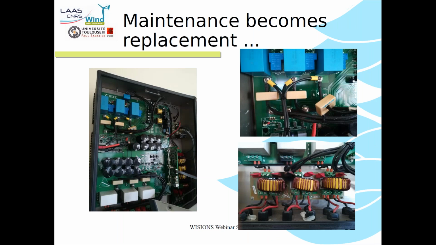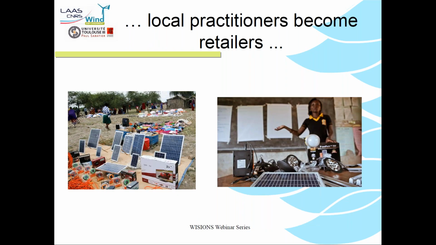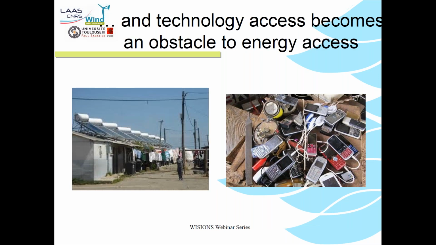You can no longer maintain things like we said just before. Here you have a few photos of a blown-up inverter that we opened up, and basically you have a few burnt components, but you can't repair them. You have to send them back to the factory. Local practitioners just become retailers because they're now selling stuff that they don't understand. And in the end, technology access actually becomes an obstacle to energy access.